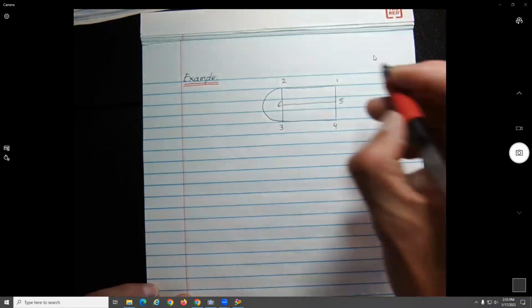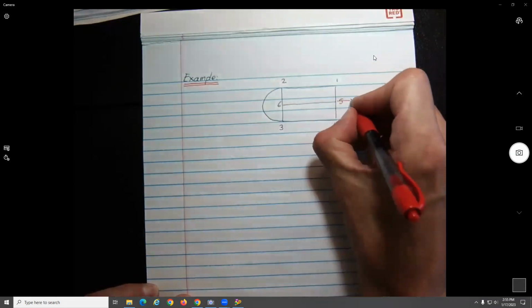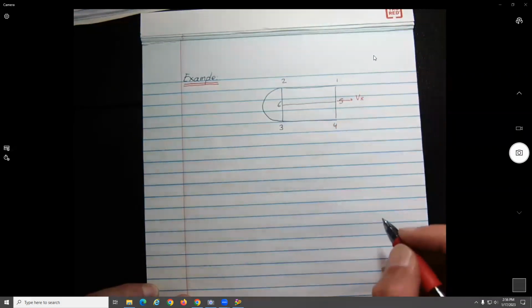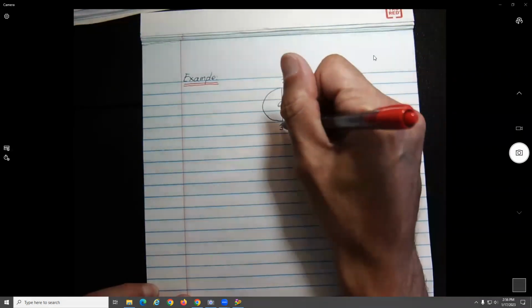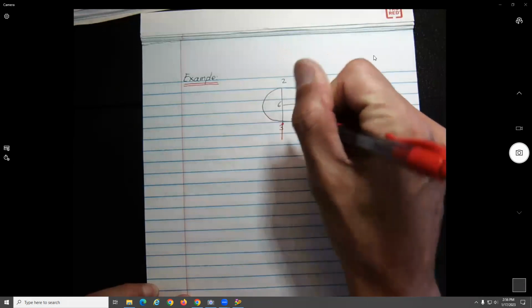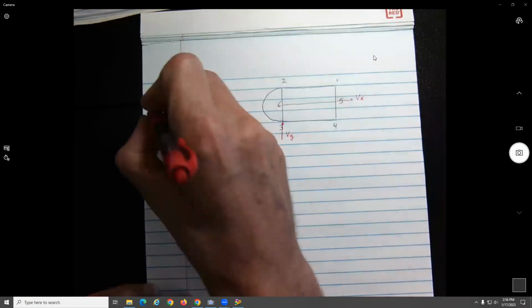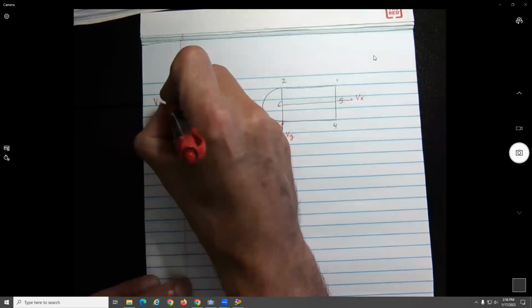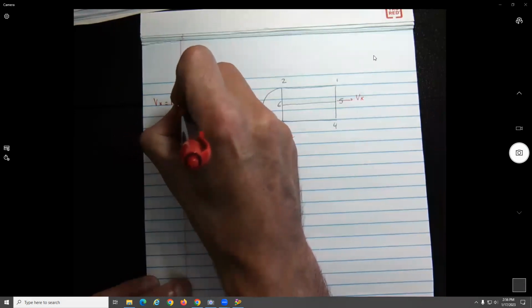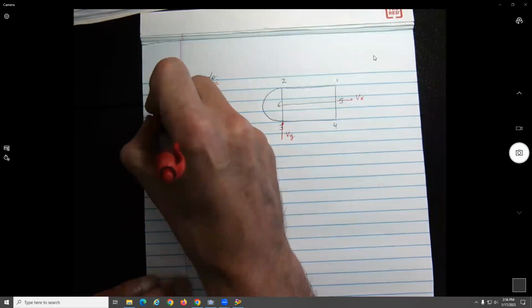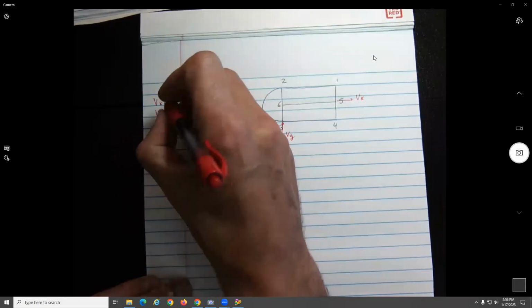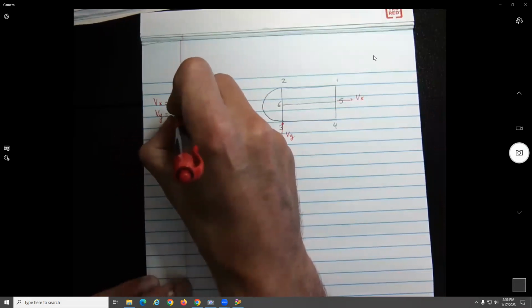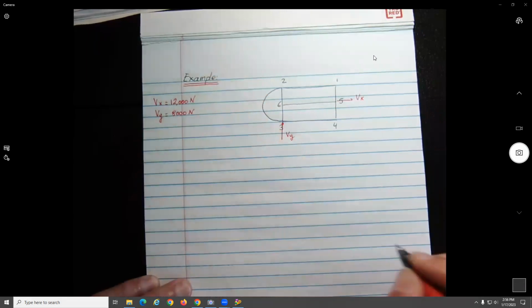We have a shear force in the x direction over here, and a vertical shear force Vy acting at 3. So we know Vx will be equal to 12,000 newtons, Vy equal to 8,000 newtons.